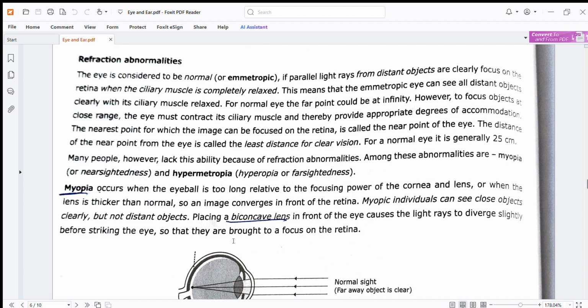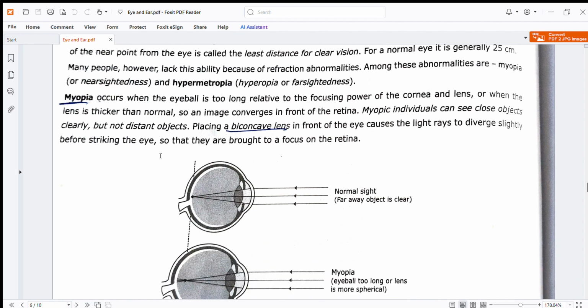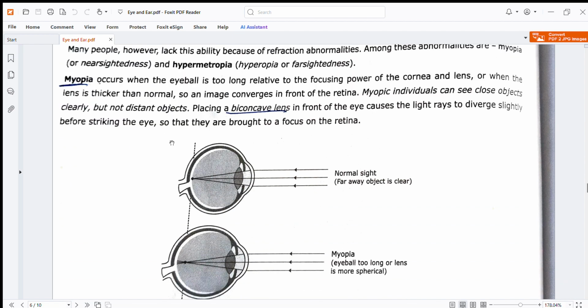Among these abnormalities are myopia, or nearsightedness, and hypermetropia, or hyperopia, farsightedness. Myopia occurs when the eyeball is too long relative to the focusing power of the cornea and lens, or when the lens is thicker than normal, so an image converges in front of the retina.